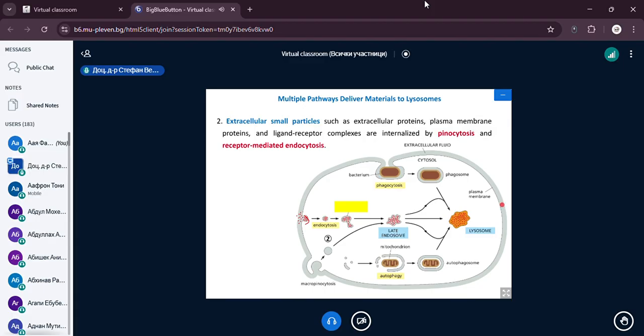These are clathrin-coated vesicles which, when formed by endocytosis, go there and become early endosomes. So this is again the early endosome compartment.